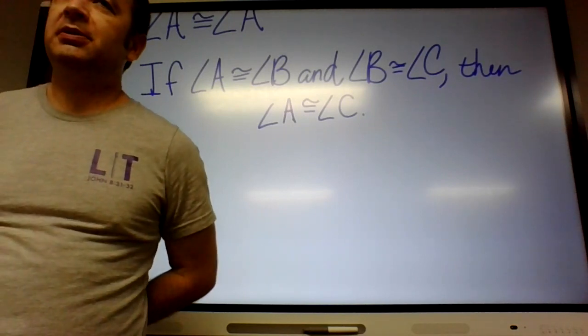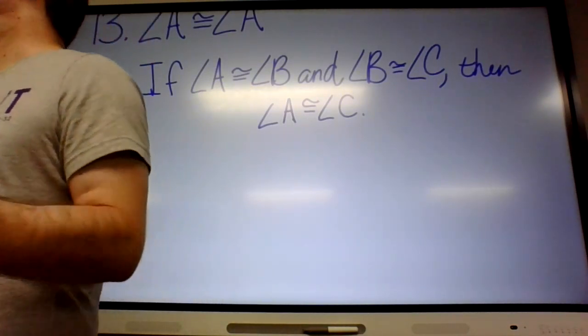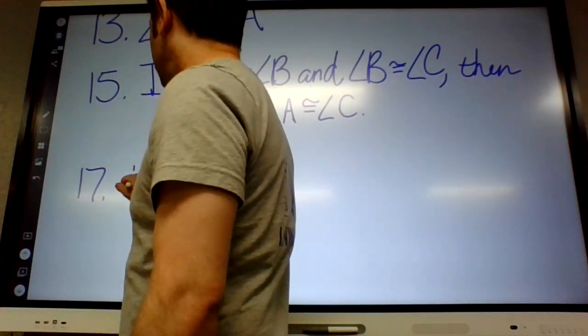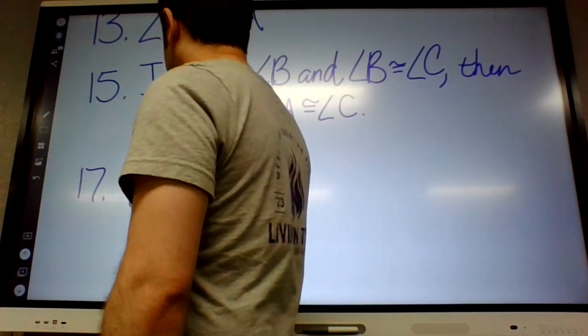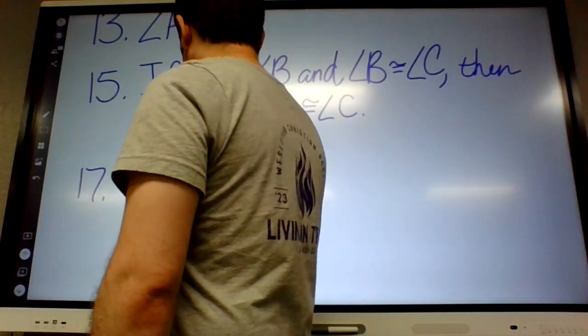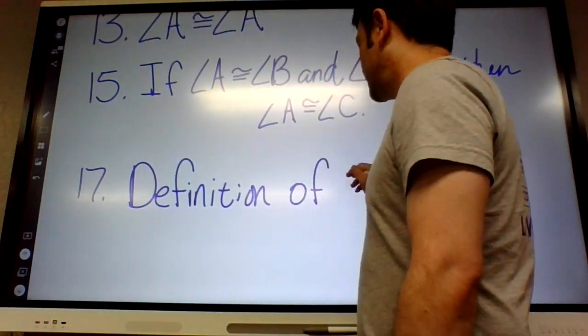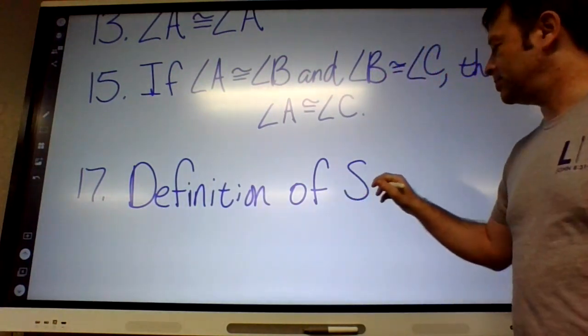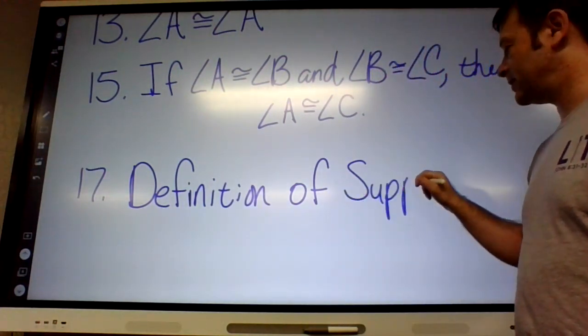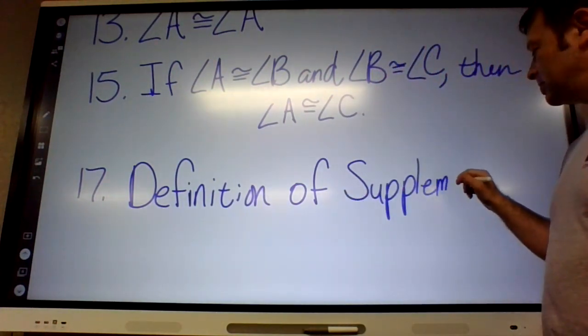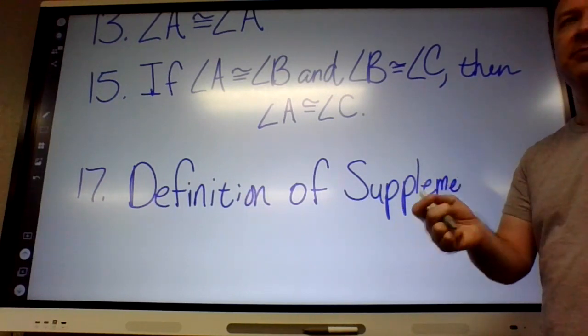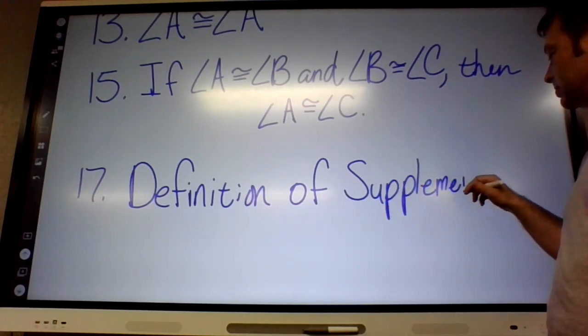So if we're talking about the meaning of supplementary, we're talking about a definition. Definition tells us what supplementary means. So that is the definition of supplementary. And anything that's new, like the definition of supplementary, you just have to turn your page back one to find it.